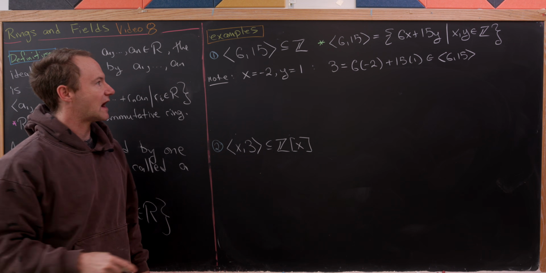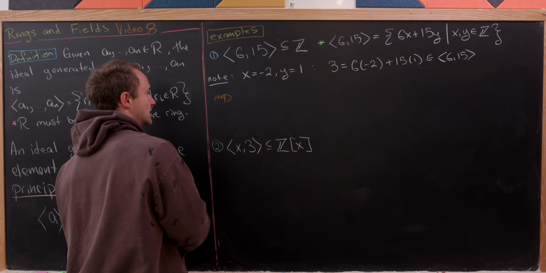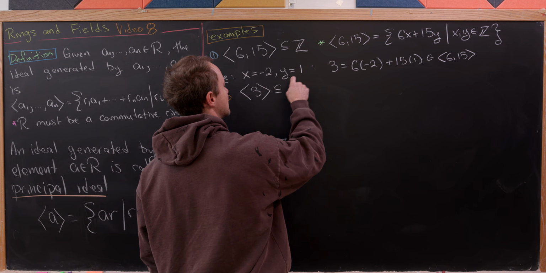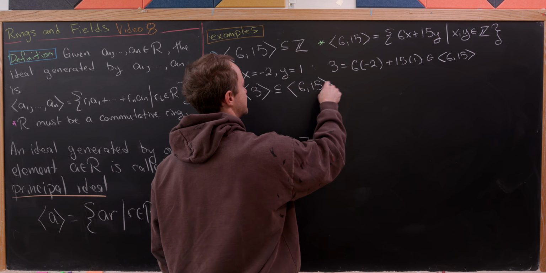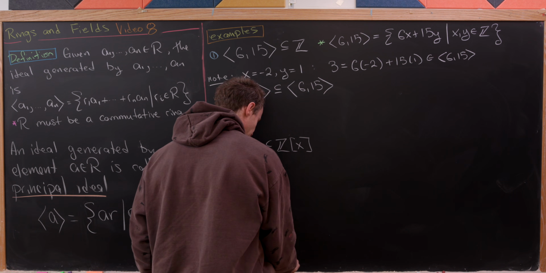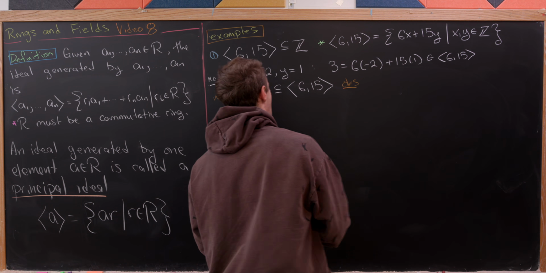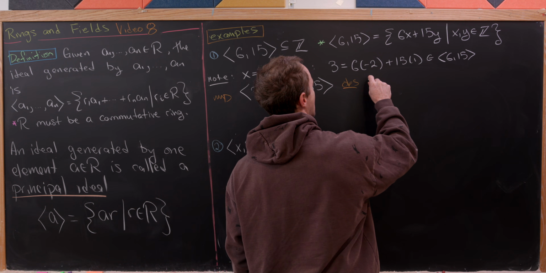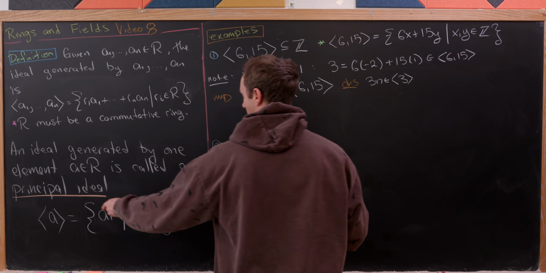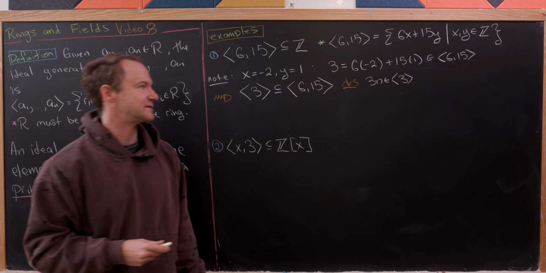Okay, but now notice that that immediately gives us the following inclusion. The ideal generated by 3 is contained within the ideal generated by 6 and 15. I think that this equation here is kind of enough to see that, but if you want to see it in slightly more detail, let's observe that if we take 3 times n inside of the ideal generated by 3, notice by our rule down here, everything inside of the ideal generated by 3 is of the form 3 times an integer.